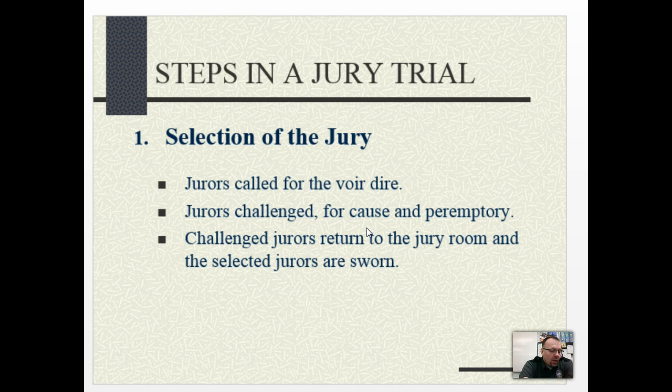When you remove someone with cause, you have to have a legally sound and justifiable reason to remove them. It's easy to say legally sound, but what could be those reasons? I will give you two examples that I've come up with.